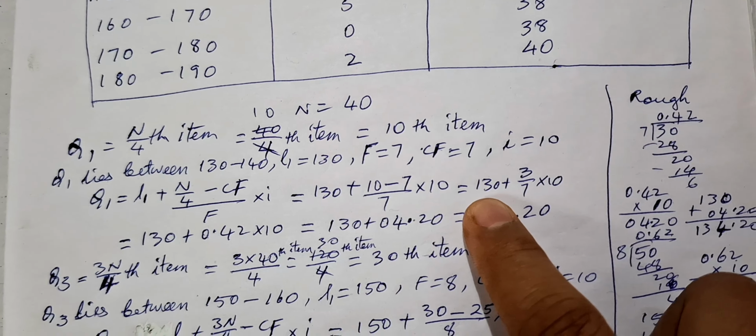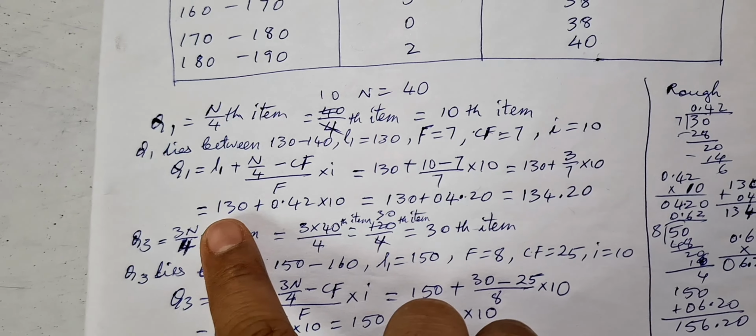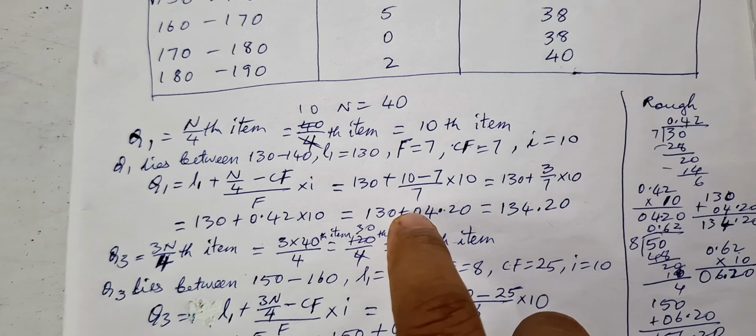Now 3 divided by 7, we get 0.42. So 130 plus 0.42 multiplied by 10 is equal to 130 plus 4.20. Now if we add up the two numbers, we're getting 134.20. So Q1 is equal to 134.20.